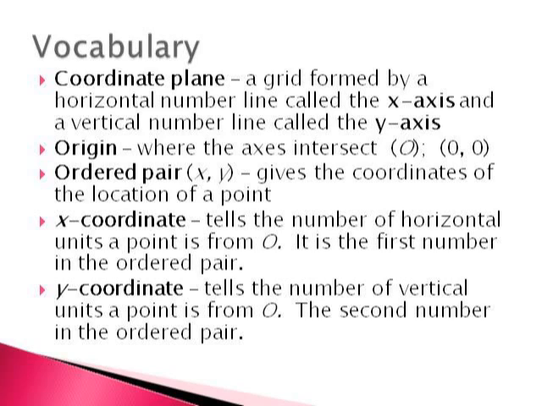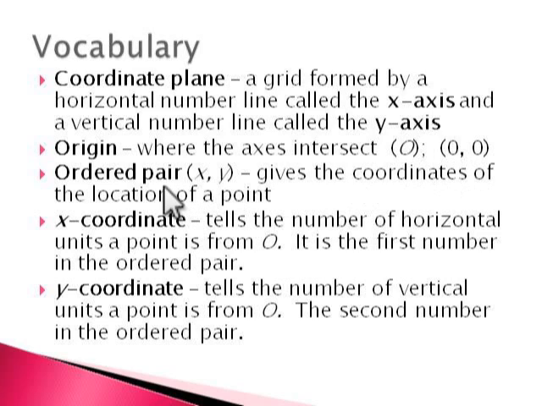We have coordinate plane, that's a grid formed by a horizontal number line, which we call the x-axis, and a vertical number line called the y-axis. Where they intersect is called the origin, and it's usually labeled with a capital letter O. And it has the coordinates, which we'll talk about in just a minute, of 0, 0.